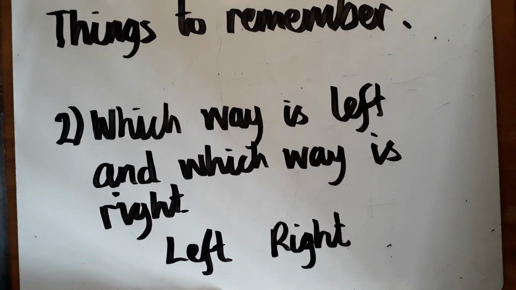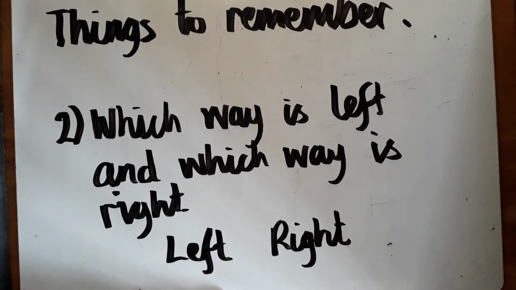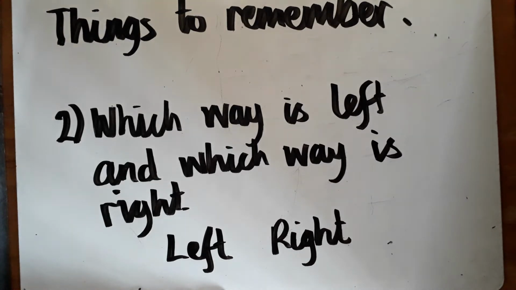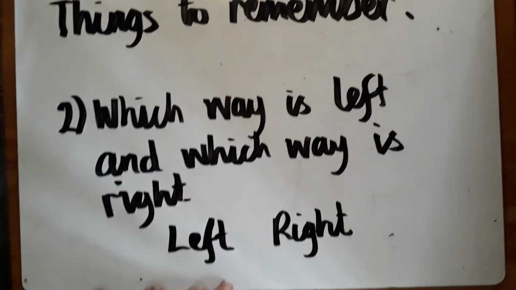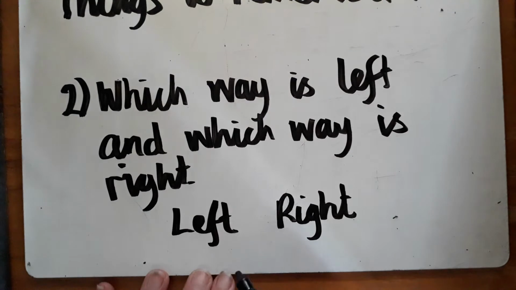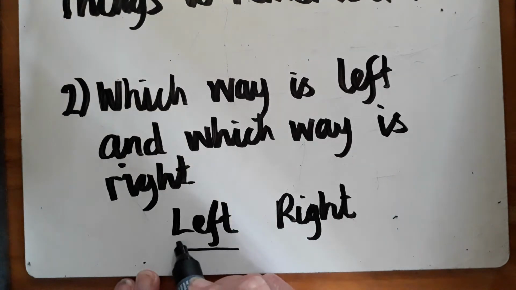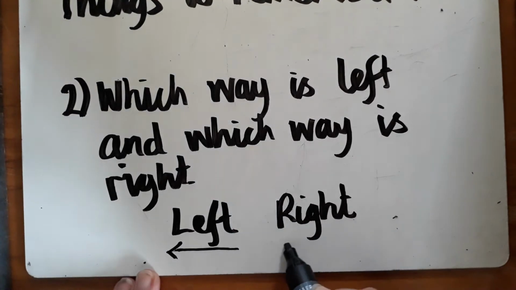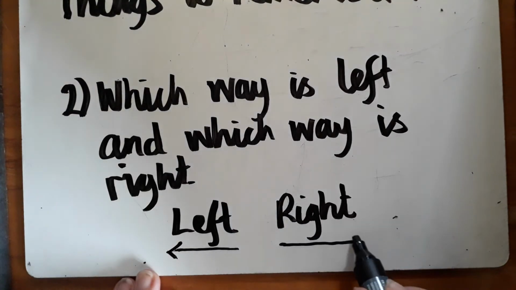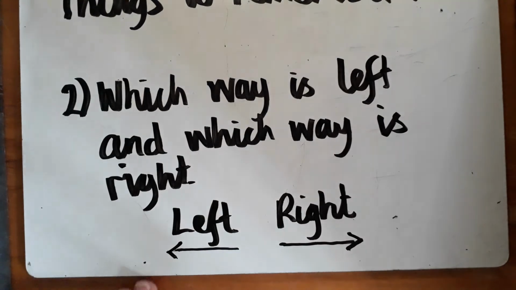Okay, so this one may seem fairly obvious, but it's going to be important for today's work. So you need to know which way is left and which way is right. Okay, so I've written them here. All right, so left is in this direction and right is in this direction.